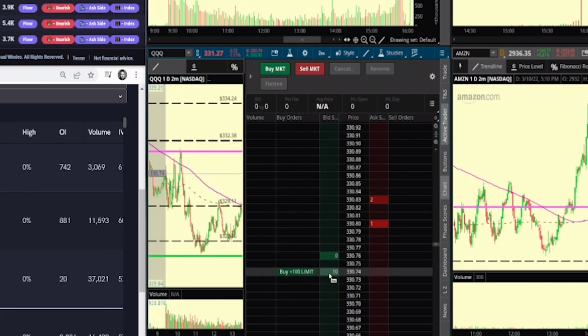So I don't sit at the bid, because think about it this way: if there are already X many contracts sitting at the bid, what are the chances that you're going to get filled before anybody else? It's not a matter of this broker or that broker getting me a fill. If you join the bid, you're waiting in line to get filled.